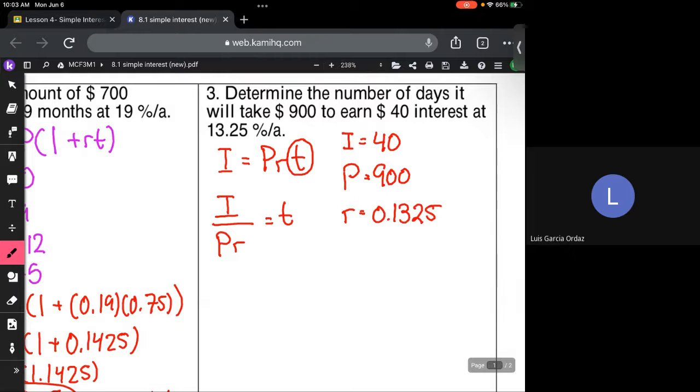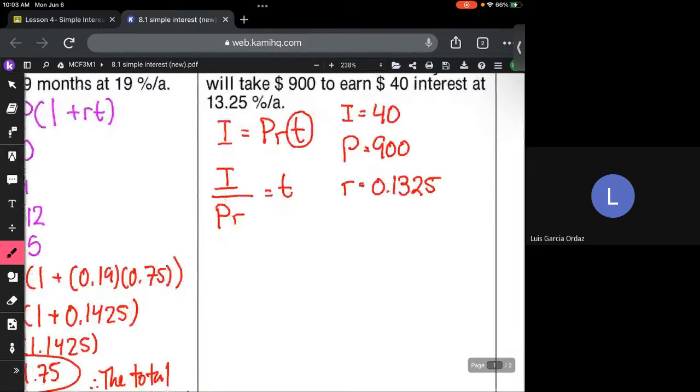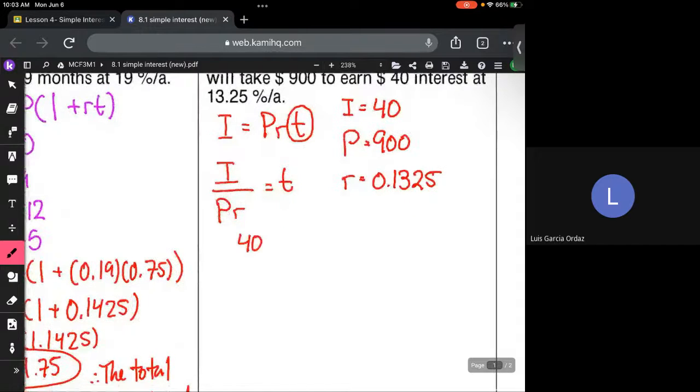Okay. So now all I have to do is plug it in. So 40 divided by P, which is 900, times my rate, which is 0.1325, is equal to T. So do the two numbers in the denominator first and multiply those together.